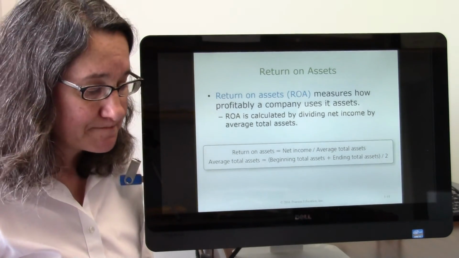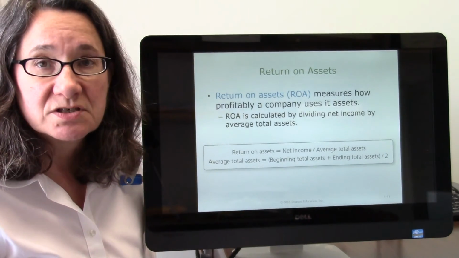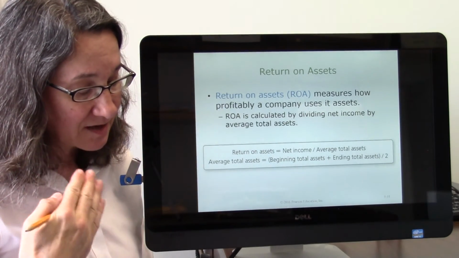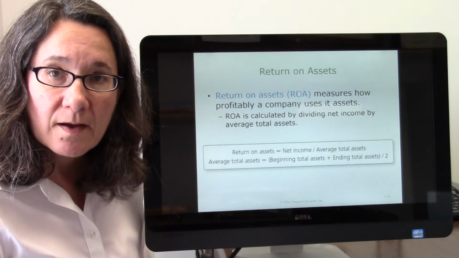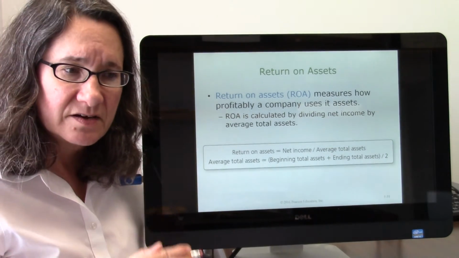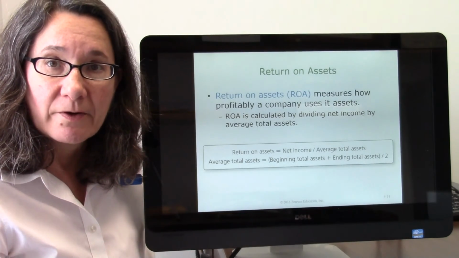It can depend on the industry too. So you need to be able to think in terms of, is my company doing well? That's really the point of the financial statements, to use them to figure out how we're doing.